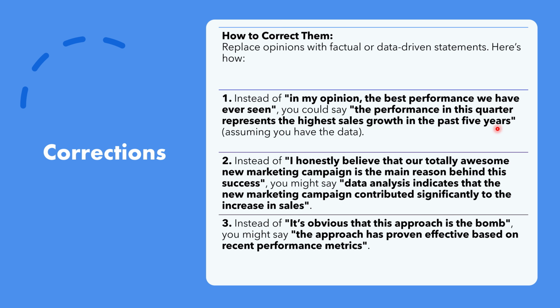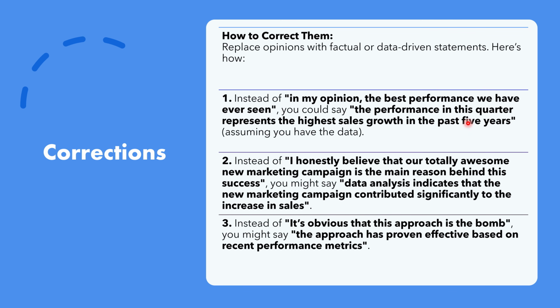But of course, we can't write it unless we have the data. So we are writing it assuming we have data to prove it. We are not just going to write this and leave it there. No, we are going to prove it with numbers, with charts maybe, with graphs, with any data we have.